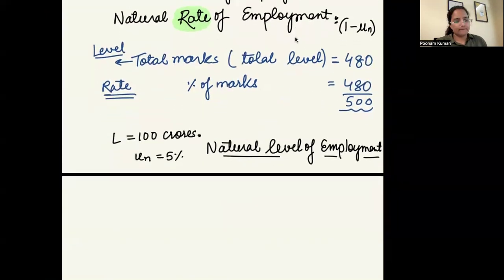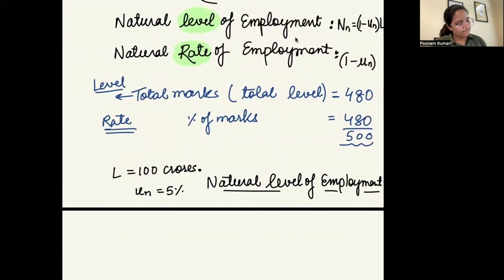Ma'am, first we'll find the percent, that will convert the percentage into number. That is, if unemployed is 5%, so it would be 5 by 100 into 100. 100 crores में से अगर 5% नेचुरल रेट ऑफ अनएम्प्लॉयड है तो कितने लोग अनएम्प्लॉयड है? 5 करोड़. Yes, ma'am. तो कितने लोग एम्प्लॉयड हो गए? 95 crores. So your natural level of employment is 95 CR, right?